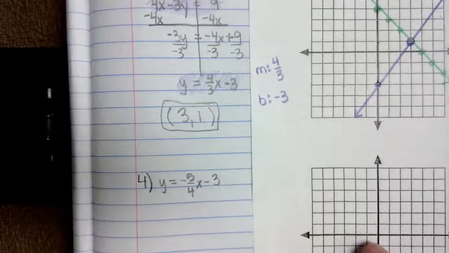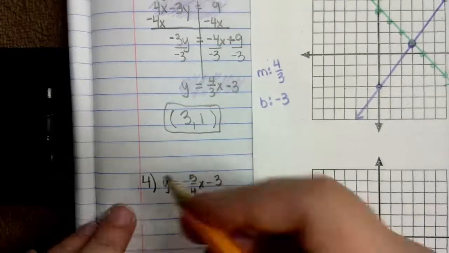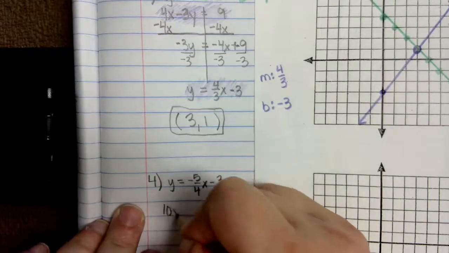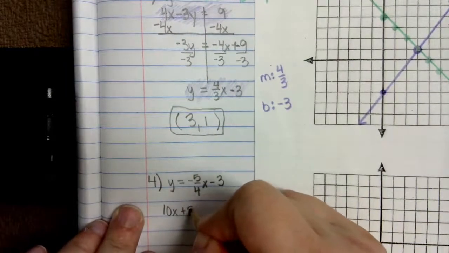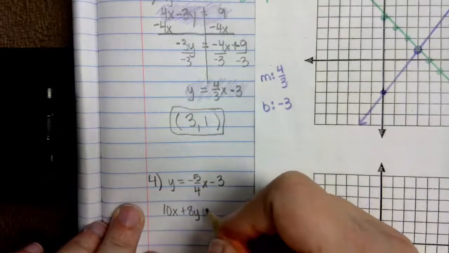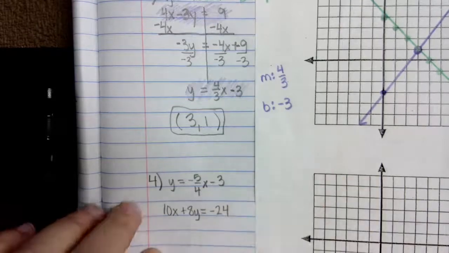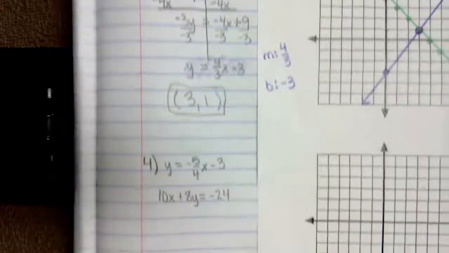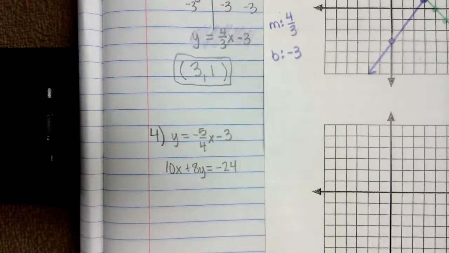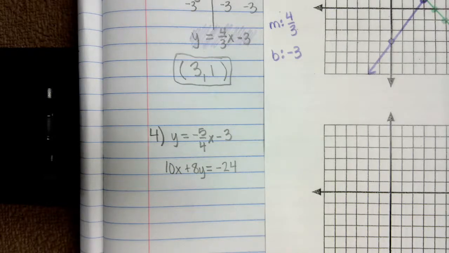Okay, and now this next one is 10x plus 8y equals negative 24. If you want to try and work ahead, you can go for it. If you're still like, what the heck are we doing? Hang out with me.